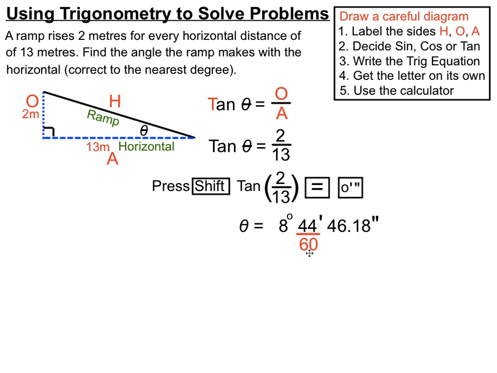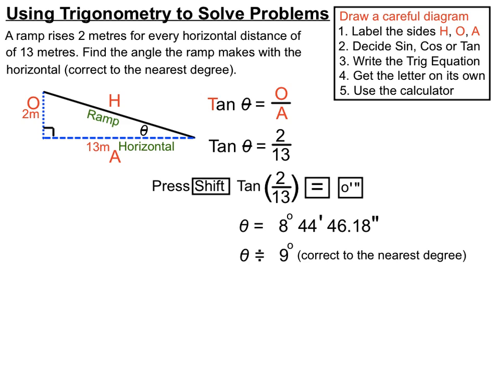So what's halfway of 60? Well, 30. So 44 out of 60 is more than halfway. So what I'm telling you here is we'll round up that 8 to be 9 degrees, because 44 is 30 or more. So that's more than halfway to being 9 degrees there. So we'll round it off that way, 9 degrees.